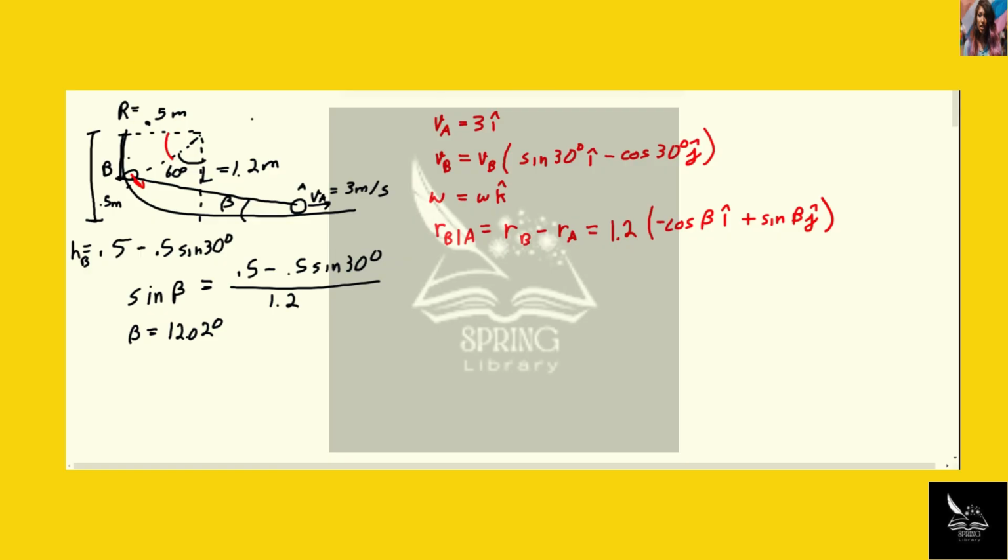We can then find the velocity of B from the velocity of A plus the velocity of B about A, where we get the velocity of B about A by taking omega cross R. When we look at this, then the left side of the equation will have some i-hats and j-hats, and the right side will have some i-hats and j-hats.